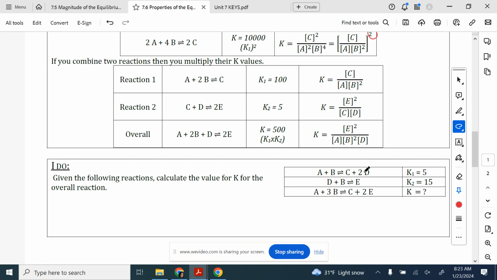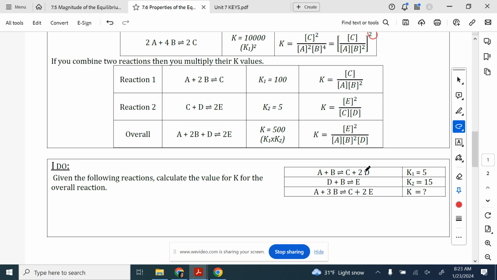Okay, so everything's on the right side at least. That's good. But this D doesn't show up in the final reaction down here. So D is called what? It shows up here. It's gone here. What do we call that? Intermediate. Good.